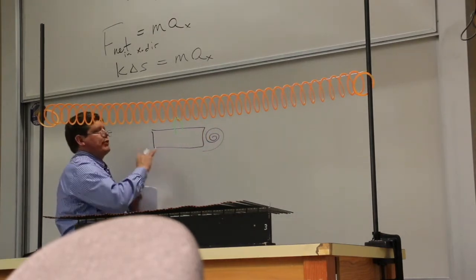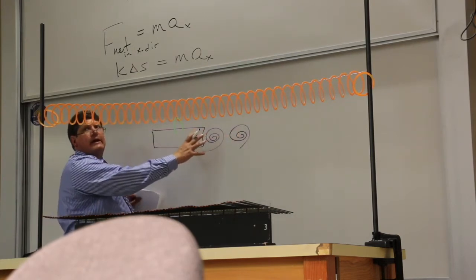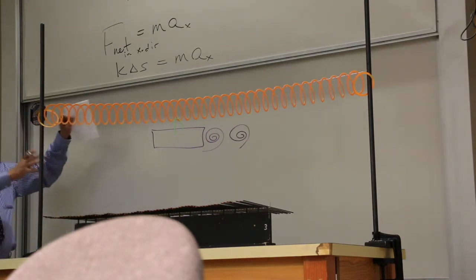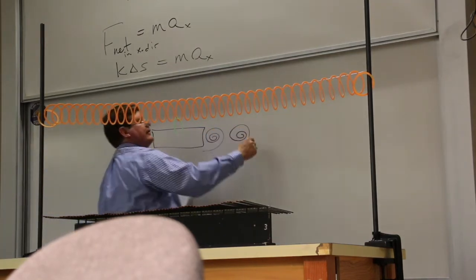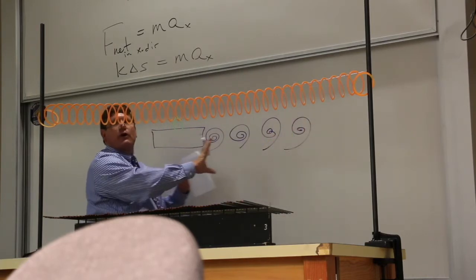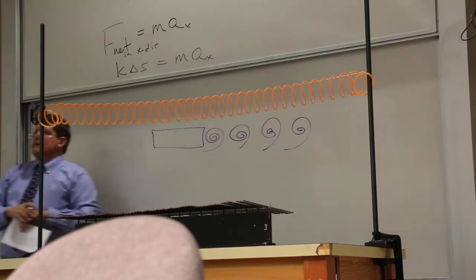Eventually, that eddy breaks free and goes downstream, and another eddy forms. So if we could color the air with some blue powder, what we would see is a whole bunch of these little eddies in what's called a vortex street. They've all torn off, and then another one's formed, and then they tear off, and another one's formed.